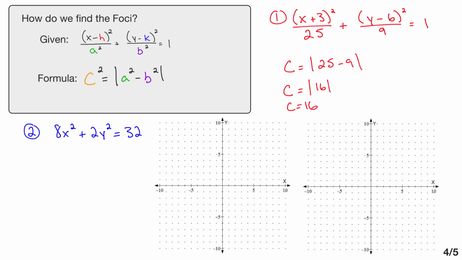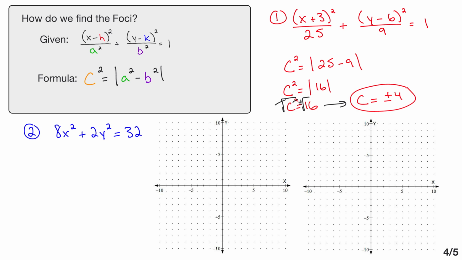Oh, sorry, I forgot the square part. Which means when we square root both sides, don't forget your plus or minus, we are going to get C is equal to plus or minus 4, which kind of makes sense because we get 2 focal points, we need 2 focal lengths.